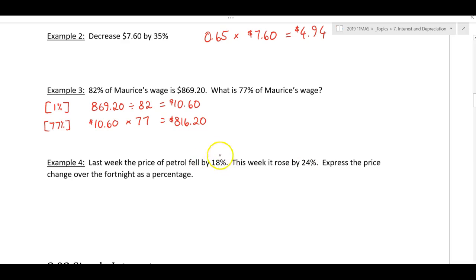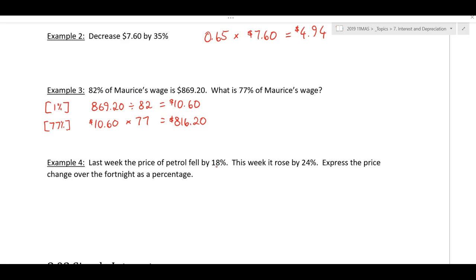It was 18% of a bigger number and 24% of a smaller number. If I had half a cake and you had 3/4 of a cake, just because 3/4 is bigger than half, that doesn't mean it's more. It depends how big the cakes were. So we can't just add or subtract those percentages.